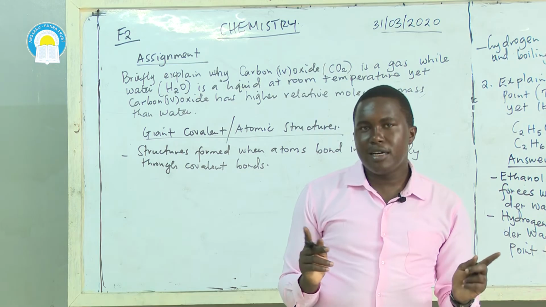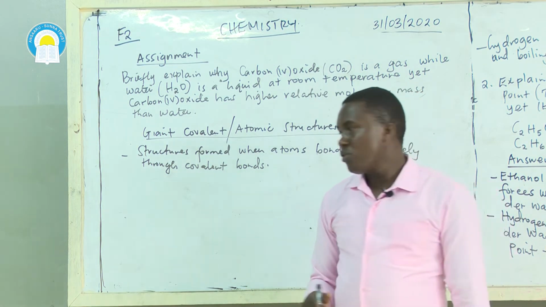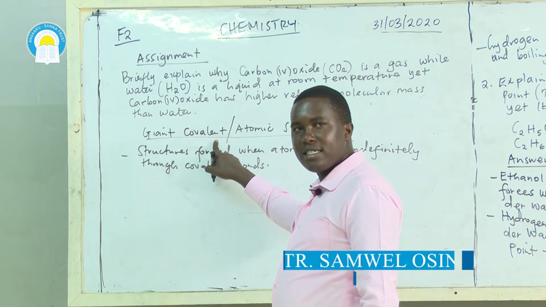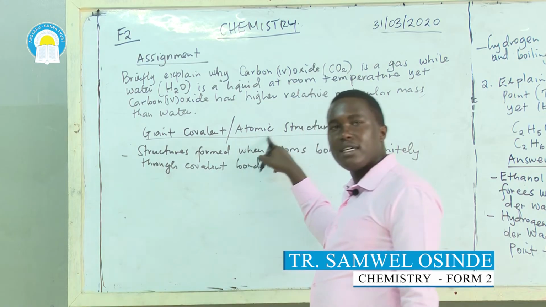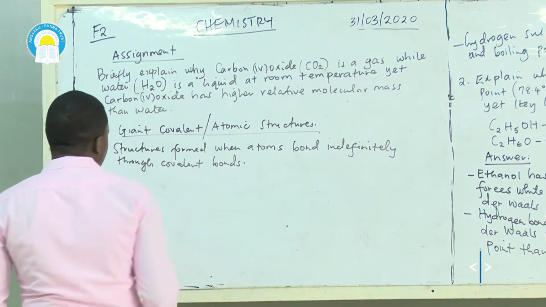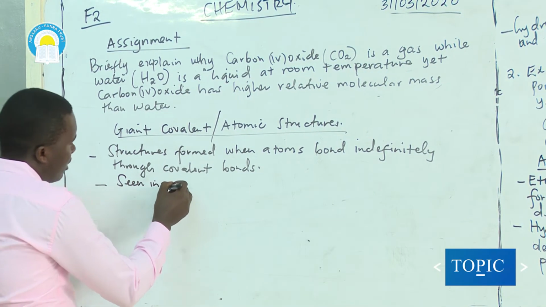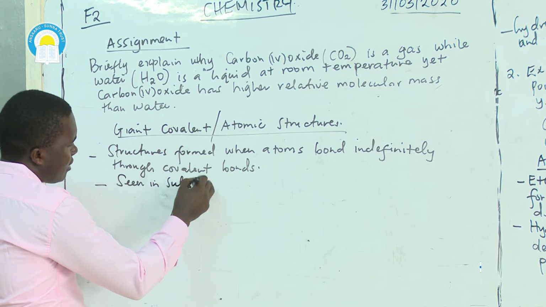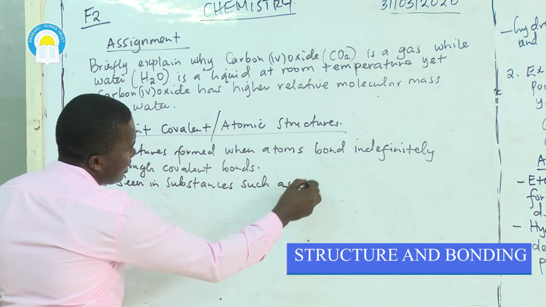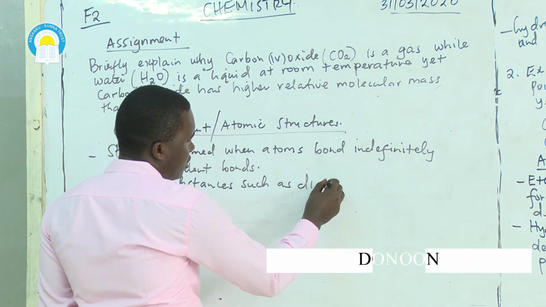So when you have the whole structure, there is nothing like intermolecular forces. All the atoms are bonded covalently. You end up with what we call giant covalent or giant atomic structures. This one is seen in substances such as diamond. I've said this earlier as part of the introduction.